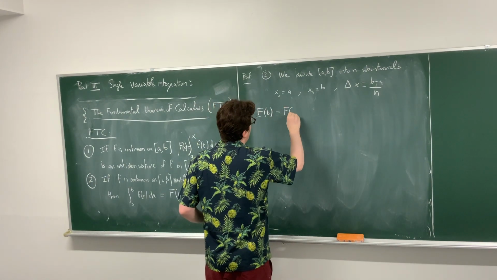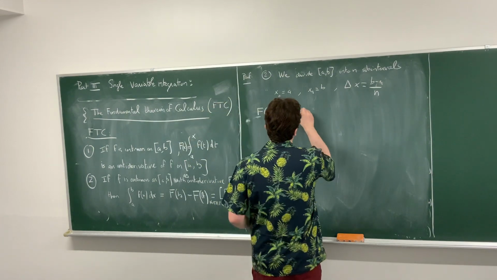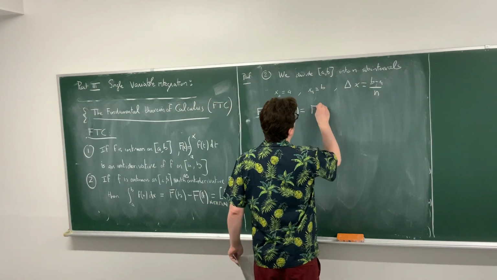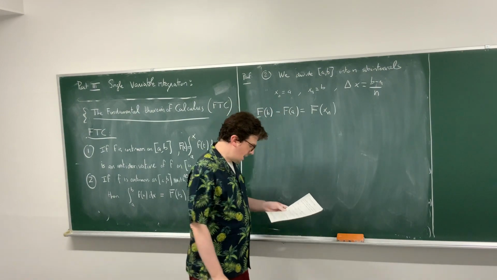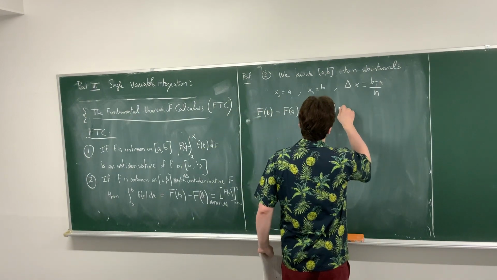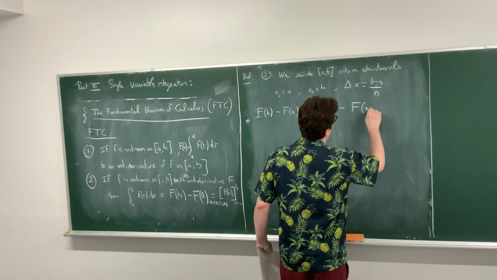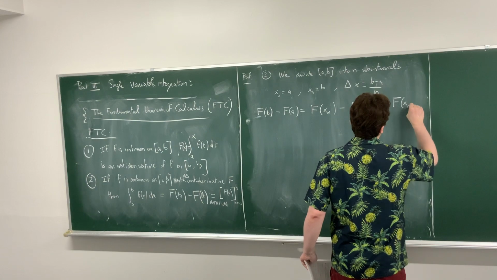F of b minus F of a. Of course, this will be equal to F of xn, and then you can do minus F of xn minus 1 plus F of xn minus 1.